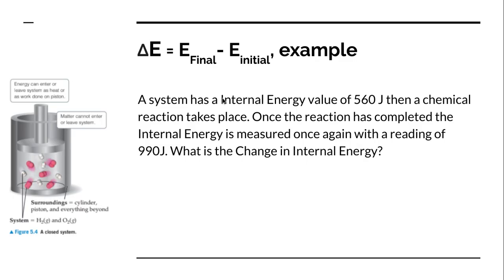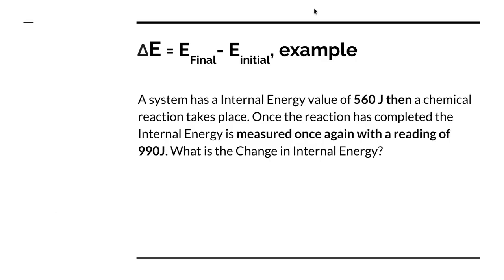So there's not too much math that has to go on. It's mostly just picking out numbers. So we just have to figure out where to pick them out from. The one that's going to be the initial is the one that's measured first, and the final is the one that's measured second. So we have to think about how it's written and conceptualize it. We got 560 joules, then a chemical reaction takes place.